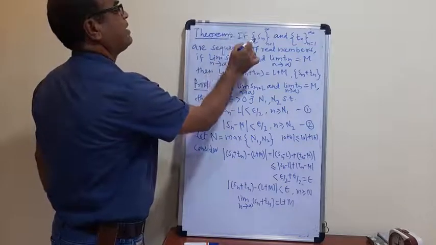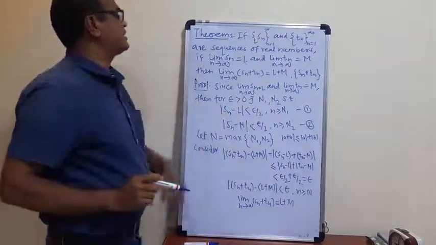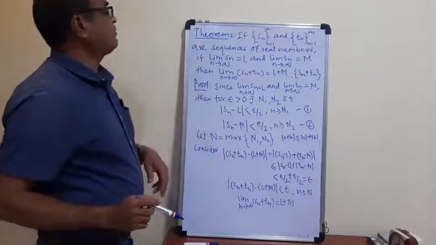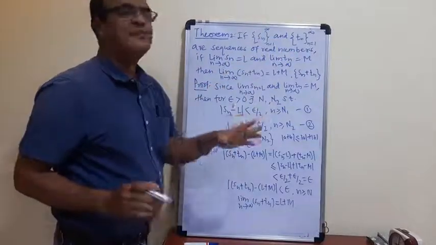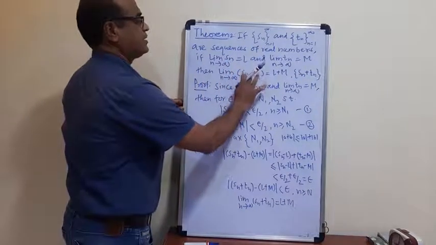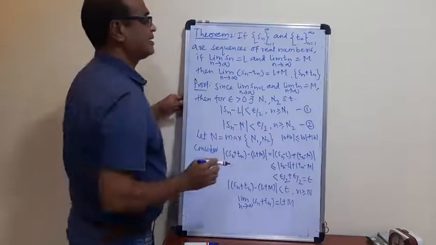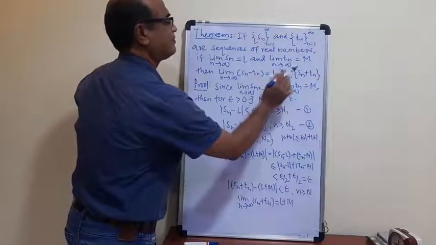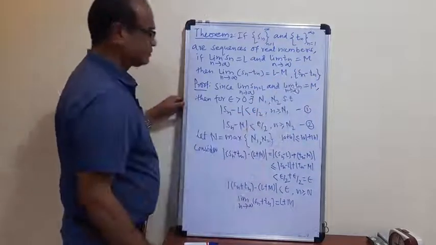If Sn and Tn are sequences of real numbers, and if the limit of Sn is L and the limit of Tn is M, that is given, then prove that the limit of Sn minus Tn is equal to L minus M.